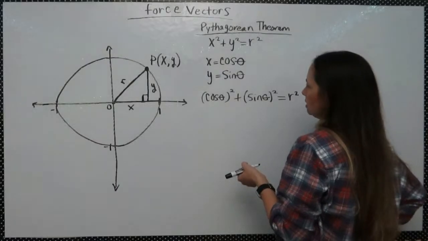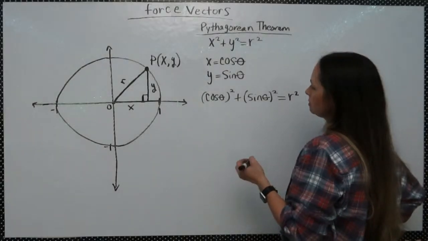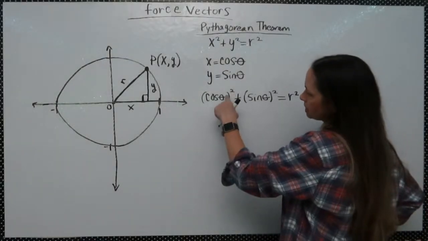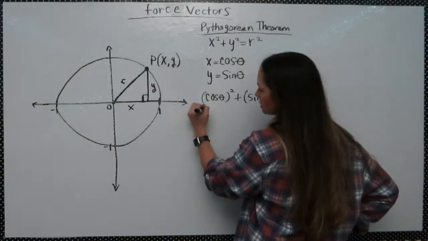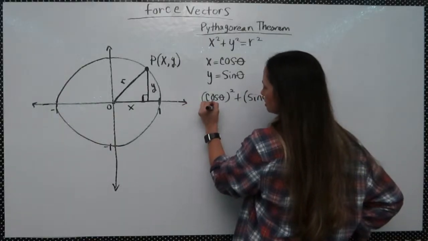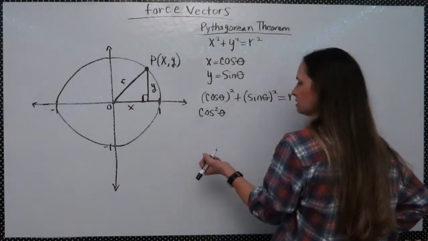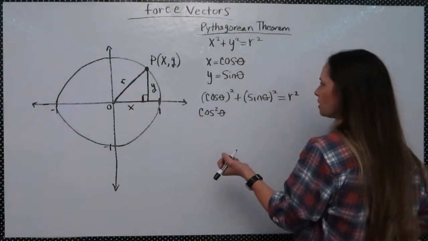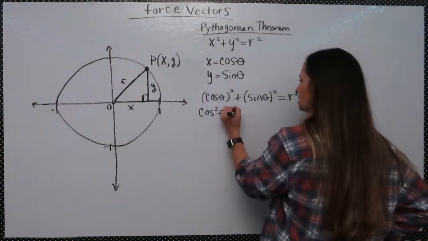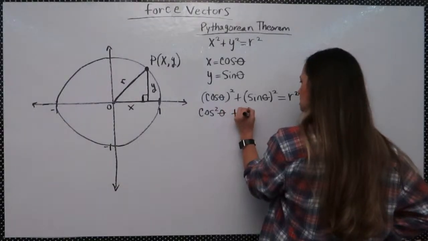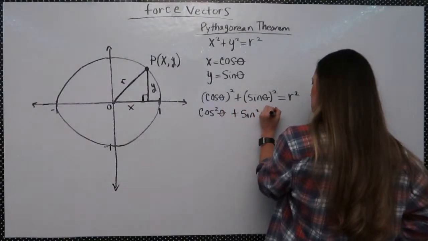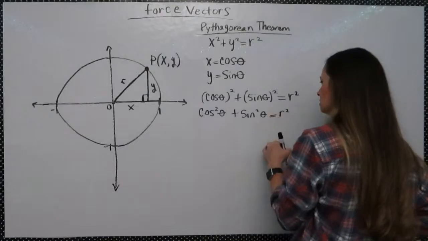It's not represented like that. They like to square the cos and then tack on the theta. So that becomes cosine squared theta plus sine squared theta, and that still equals r squared.